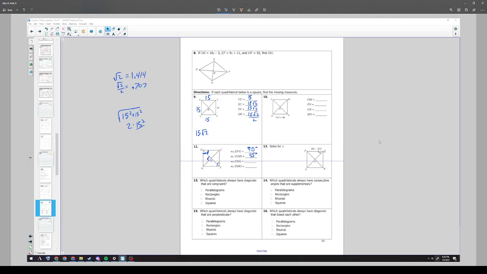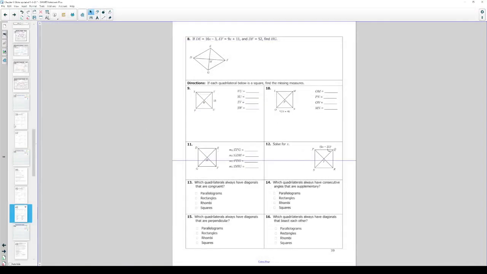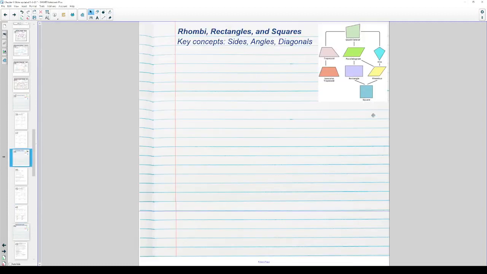So yeah, here we have just some matching of what properties. The key thing to remember there for what properties a thing has is that those properties all flow down from the parent. So if you were to say that a parallelogram had a certain property, all of its children have to have that as well. So if a parallelogram has a property, so does a rectangle, rhombus, and square, because they're all children of the parallelogram.